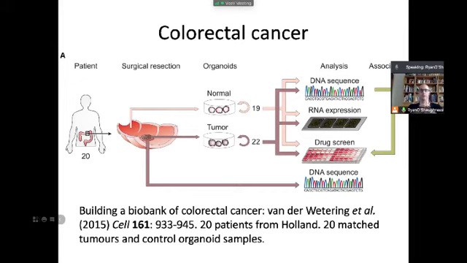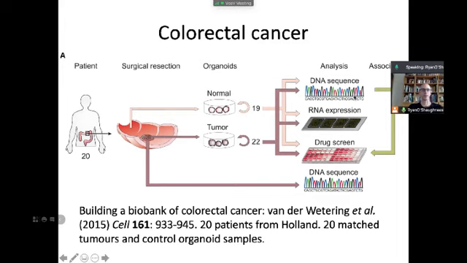Let's look at colorectal cancer, where this idea of testing therapeutics with organoids has been taken to an extreme and is actually being used in the clinic. How does this work? Well, we take the tumour tissue from a surgical resection of the colon, and then we make normal and tumour organoids from normal regions and tumour regions of the bowel.